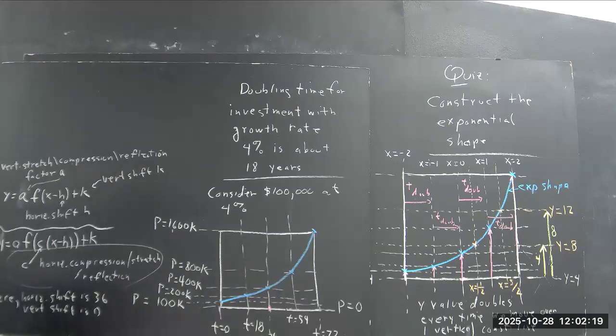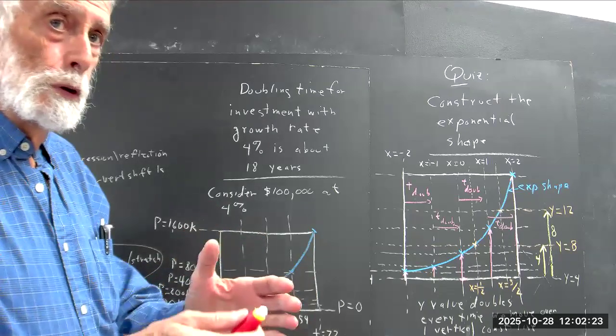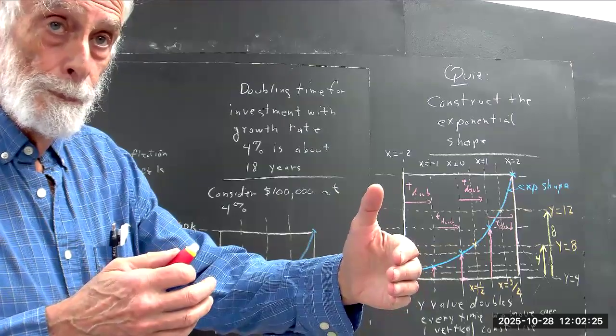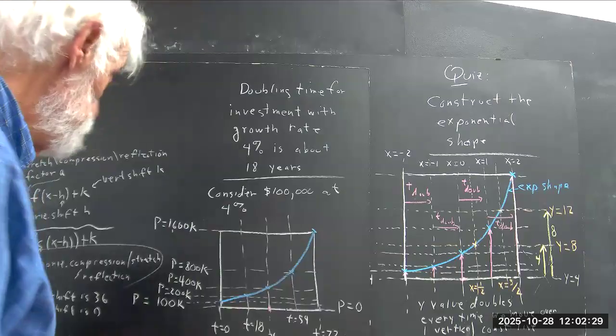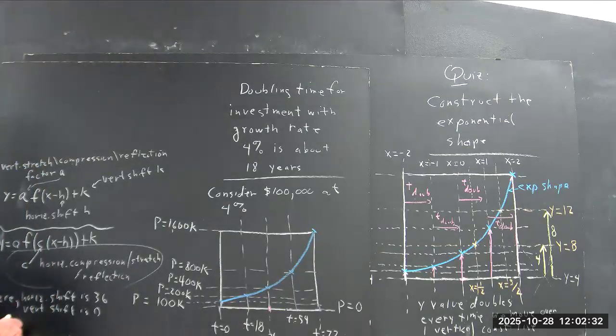Your horizontal compression stretch factor, you're going from a toolkit graph that's got a width of 4 to a graph that has a width of 72. So C equals 4 over 72.